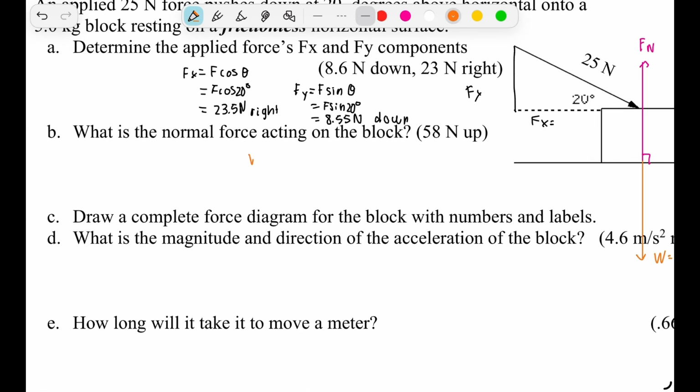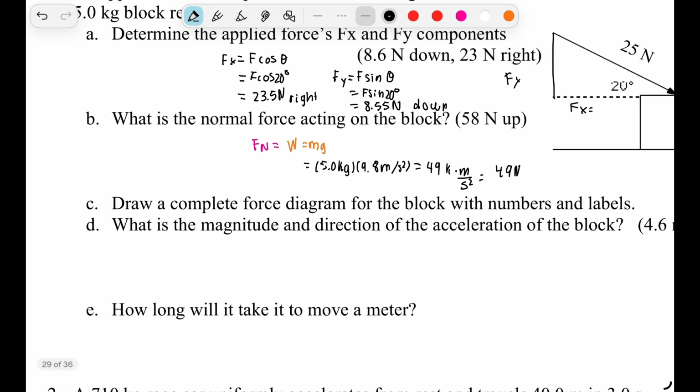So our weight is going to be equal to mg. So we can find weight using dimensional analysis. We can plug in our mass, and we can plug in the gravitational constant. So this will result in 49 kilograms times meters over second squared, which is the same as 49 newtons.